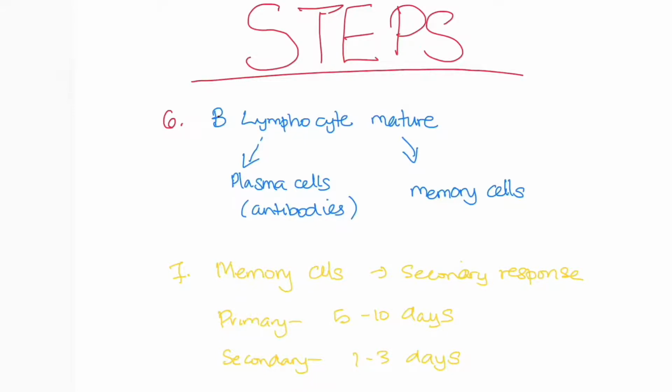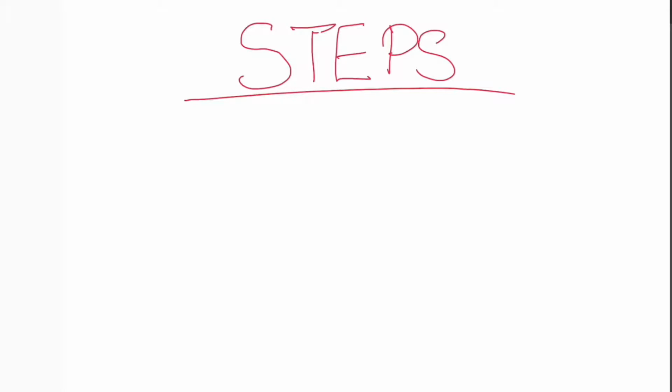A primary response is 5 to 10 days, secondary response 1 to 3 days. So as you can see, the secondary response is basically half the time of the primary response, right? So it's very efficient.